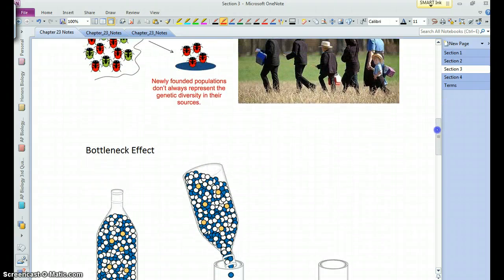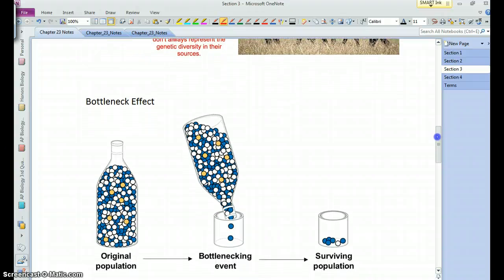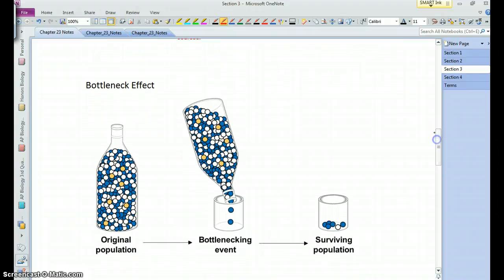We see this also with what's known as the bottleneck effect, and so in this sort of cartoonish example, we have this very large population, but then in relatively short time it goes to a much smaller population, and that smaller population may not represent the whole.